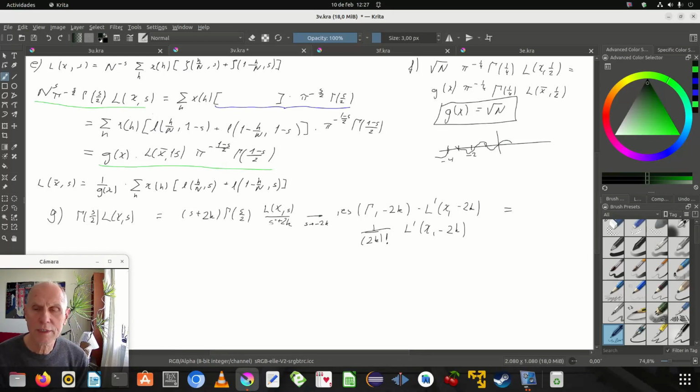So now we can just let, so this was the limit. Yep, so it's s to minus 2k, gamma of what?